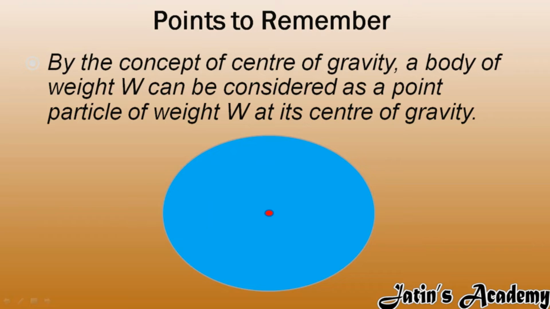Next point we have, by the concept of center of gravity, a body of weight W can be considered as a point particle of weight W at its center of gravity. Now what is the meaning of this? Carefully listen. For example, this body is made up of tiny particles, and each tiny particle has its own weight.